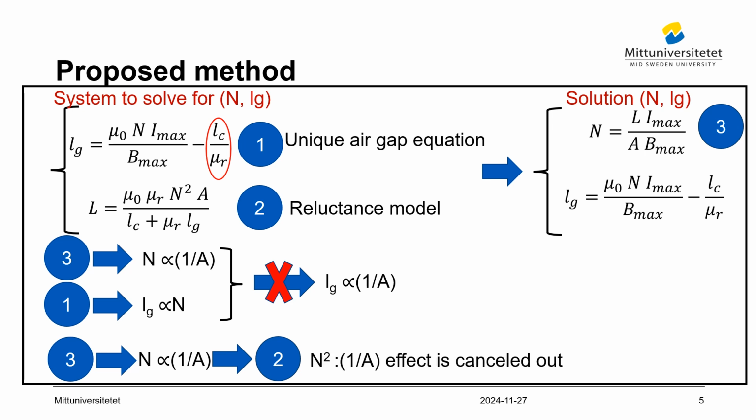So the change in the cross-section will be compensated by the number of turns, but you will get a remaining effect in the number of turns. That remaining effect has to be cancelled out by the air gap, and hence there is no dependence between the cross-section and the air gap.